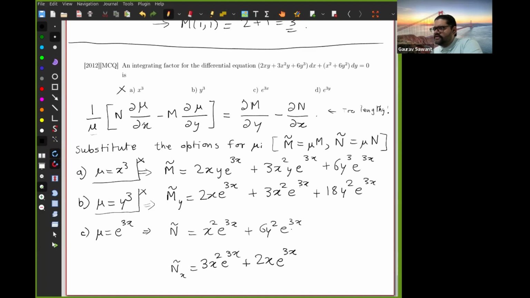Applying the chain rule, the 3 comes down, giving 18y square e power 3x. As you can see, I get the same expressions for M tilde sub y and N tilde sub x. So this works.